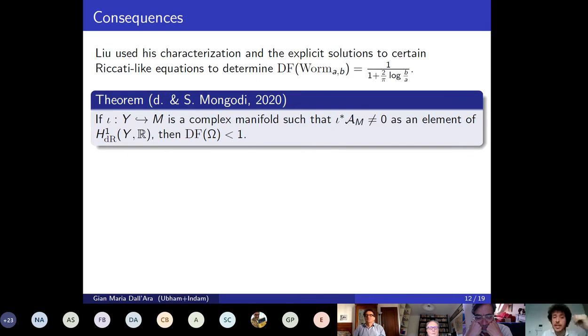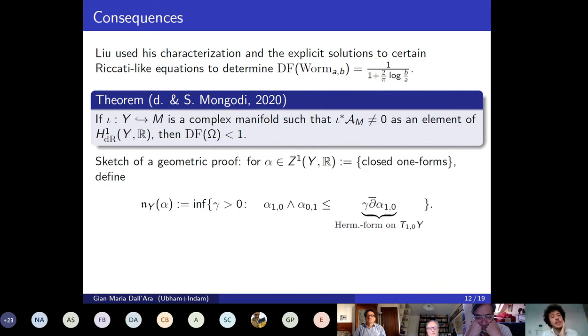Okay, this is a qualitative result. It has a quantitative counterpart, but let me first sketch a geometric proof of this fact, which is actually quite simple. Well, first of all, whenever you have a closed one-form on your manifold Y, you may use exactly the same definition as the Gotthard norm defined in the previous slide to introduce again a norm-like object on closed one-forms.